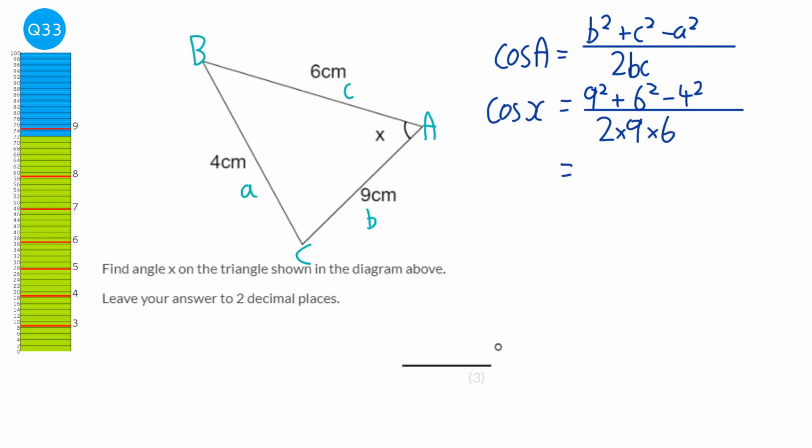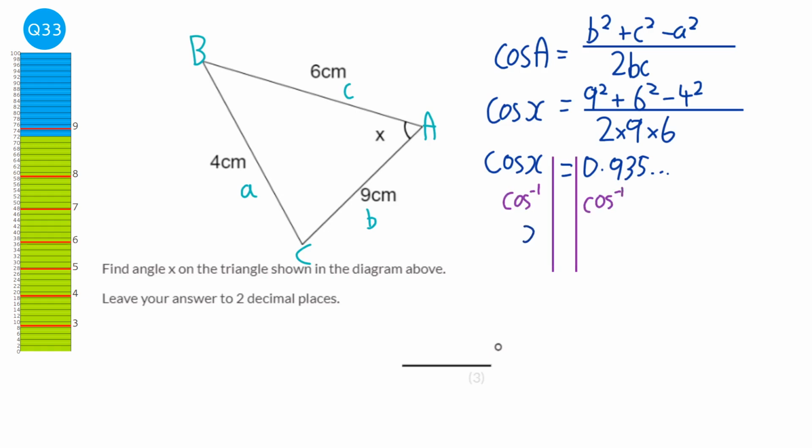And when you do that on the calculator, you get 0.935 blah blah blah, but that's what cos x equals. So if we try and solve that now, all we need to do to both sides is the inverse cos.